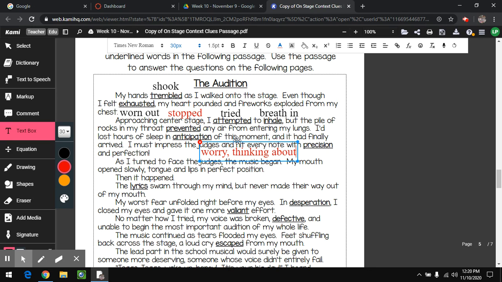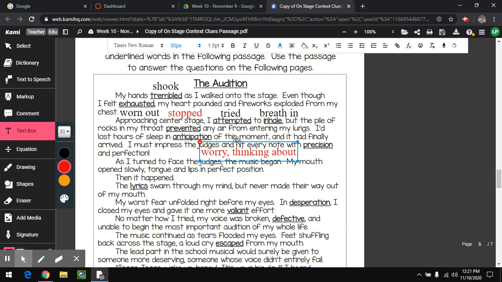So let's look. It says, I must impress the judges and hit every note with precision and perfection. What is precision? If you're doing some type of song and every note has to have precision. Perfection, it's almost like that's a synonym clue, right?